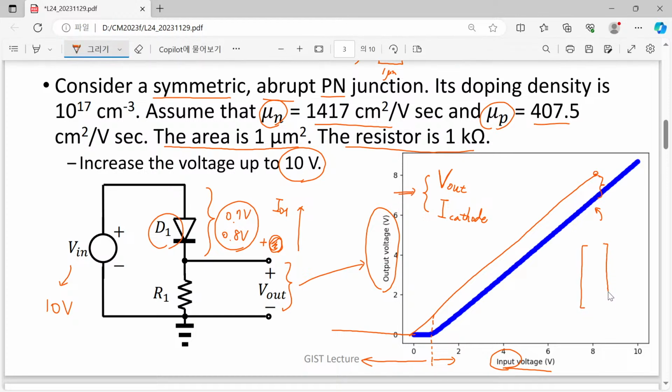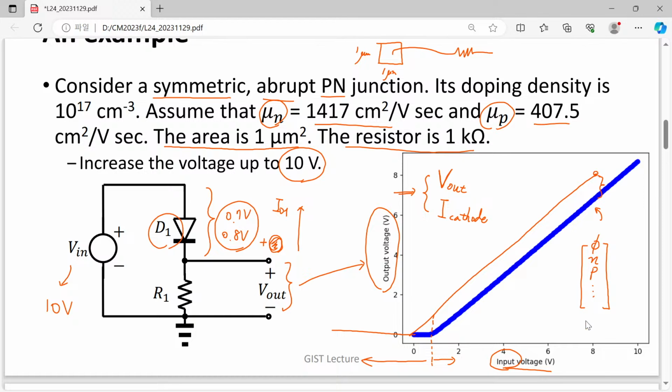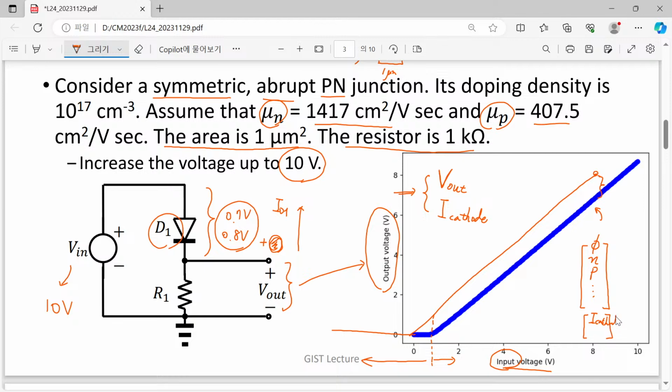In our previous discussion, I told you that our unknown variable vector contains the internal physical quantities, electrostatic potential and carrier densities. That was all for our previous implementation, but now we have to add two more quantities, the cathode current and the output voltage, as unknown variables.